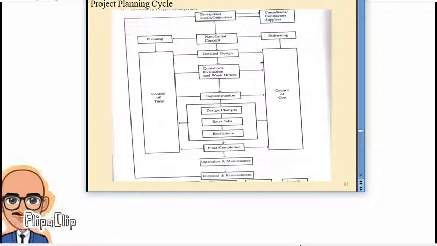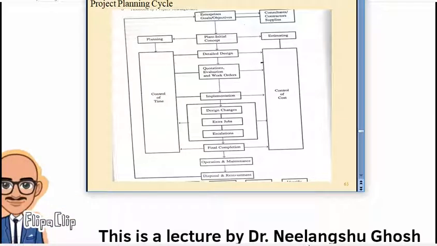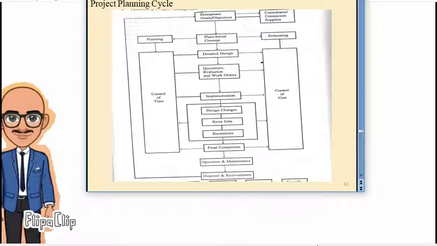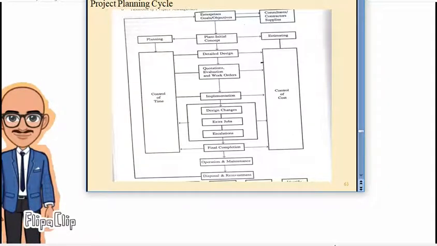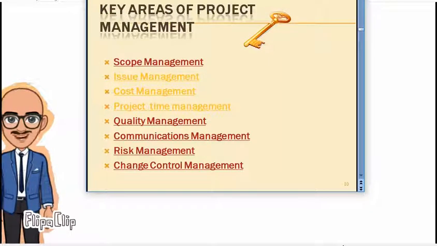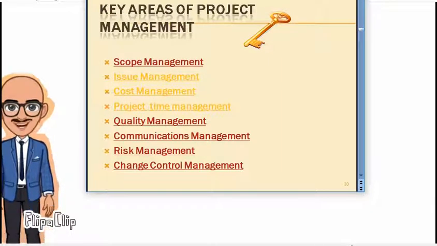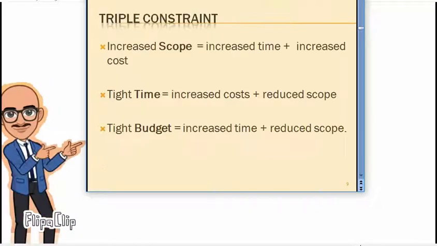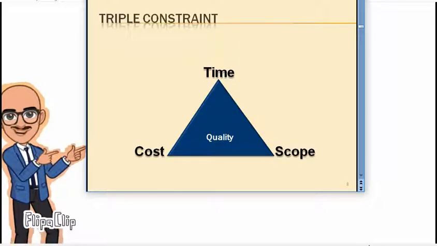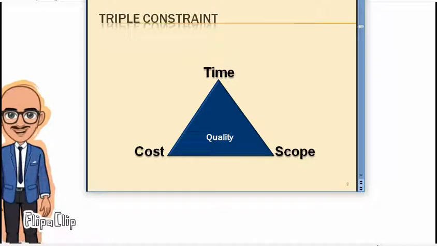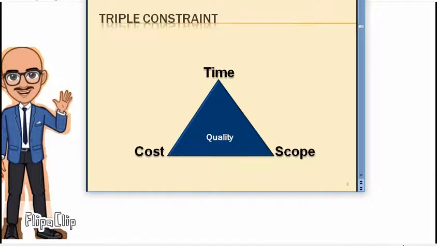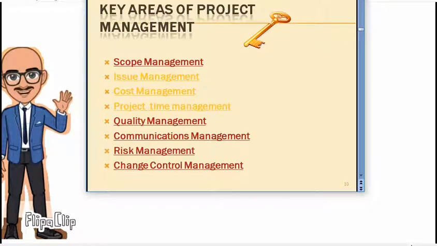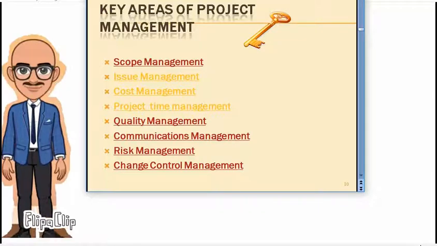So control of time and control of cost are two different aspects of the same coin. So those three important things that we have discussed, the triple constraint: time, cost, and scope, are the three important edges of a triangle, and that ensures the quality that we have already discussed. Next we will discuss quality in the next phase.